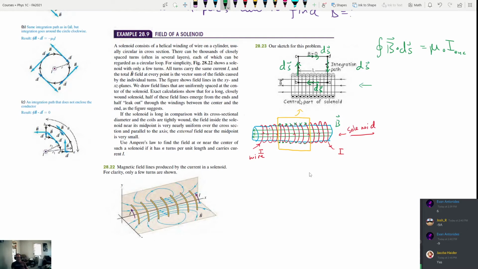But we're going to make the assumption that the size of the magnetic field in this region up here at the top is really small. So that means that when we do our integral, we're going to break it up into four different parts.